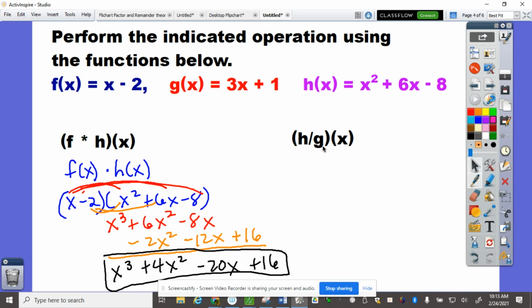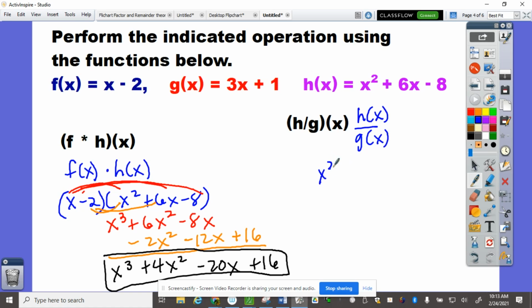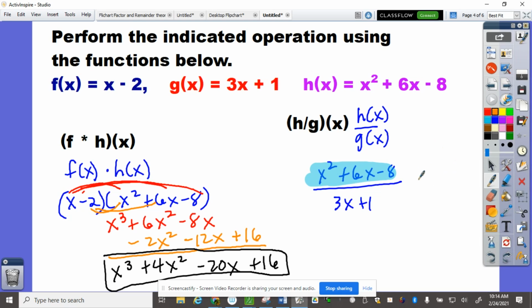When we are dividing h divided by g of x, that means h of x divided by g of x. My h here is x squared plus 6x minus 8 divided by g of x, which is 3x plus 1. You have to try if this is factorable. If that's factorable, maybe you can cancel something there.